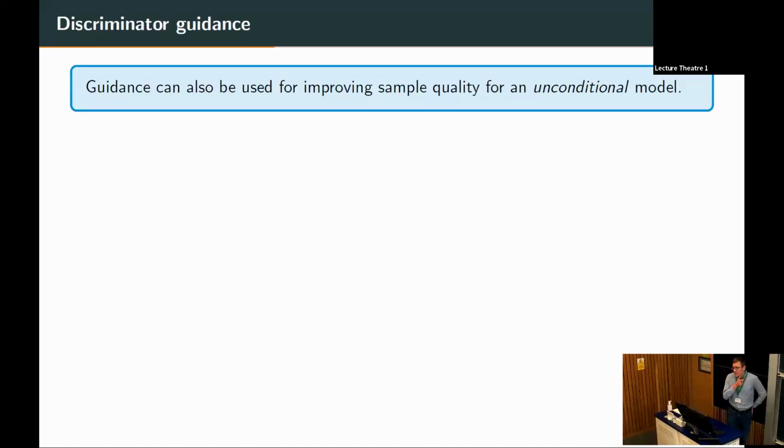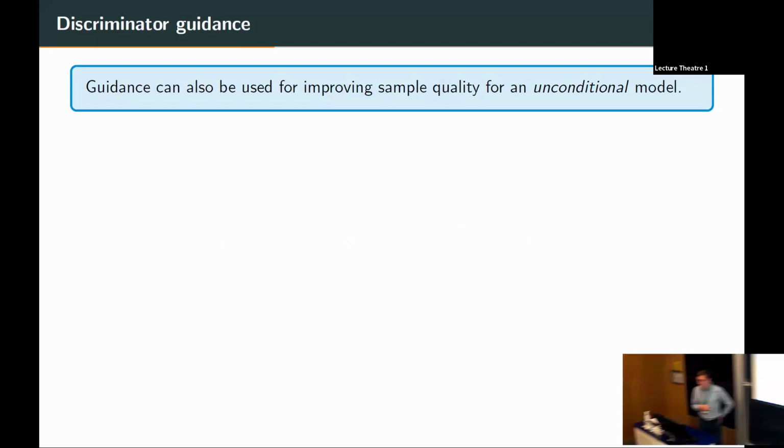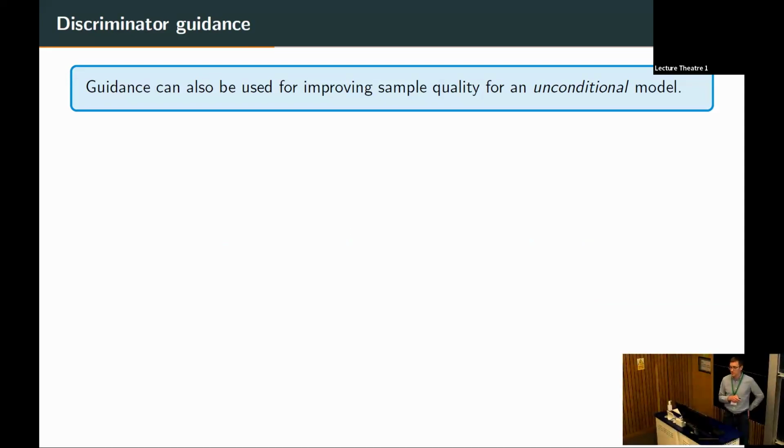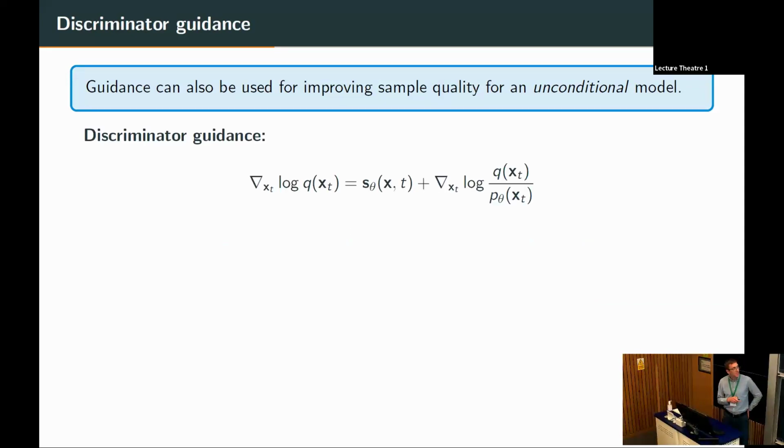The same idea can also be used for improving the sample or generative quality of an unconditional model, and this is an approach referred to as discriminator guidance. So the idea in discriminator guidance is, well, now you can forget about the conditional generation problem. Now we're again trying to just sample from some p of x.